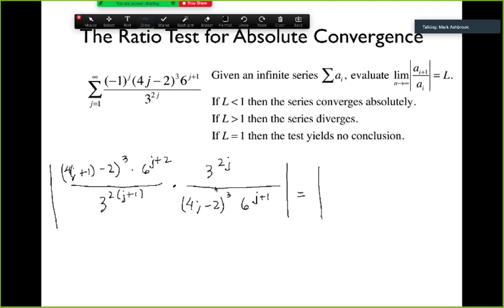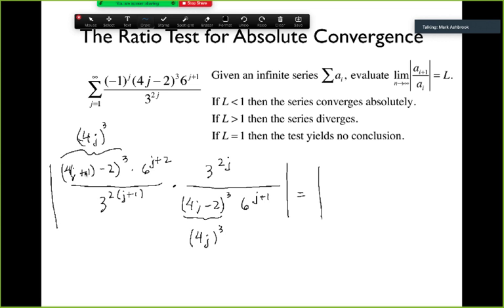Okay, how many more? So this one, basically I'm going to have 4j cubed as my leading term here. What's my leading term here? 4j cubed. Also 4j cubed, right?